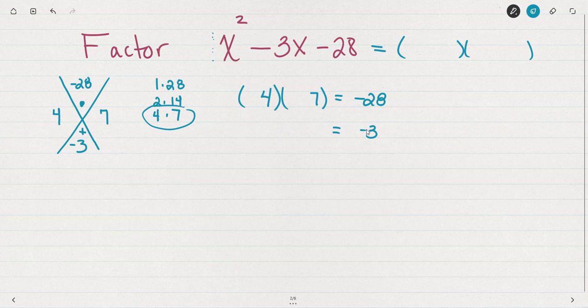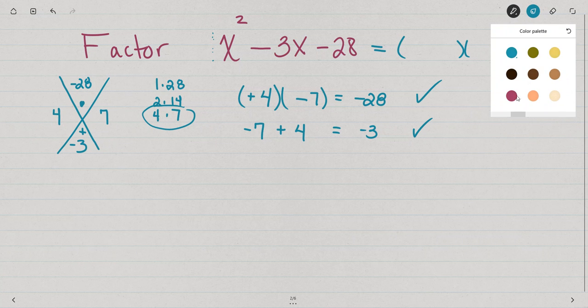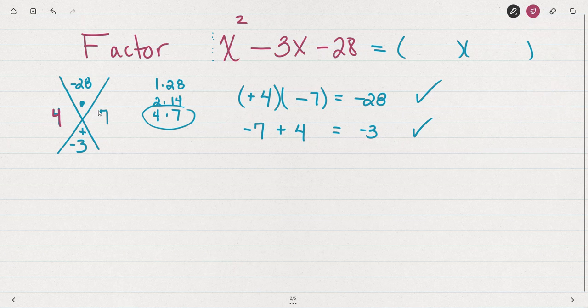So if I'm going to add them and get a negative result, then I know that it's the 7 that has to be negative. So you can check this. Positive 4 times negative 7 is negative 28. Negative 7 plus 4 is negative 3. So these are the two numbers. The 4 and the 7 are the two numbers that I fill into the chart.